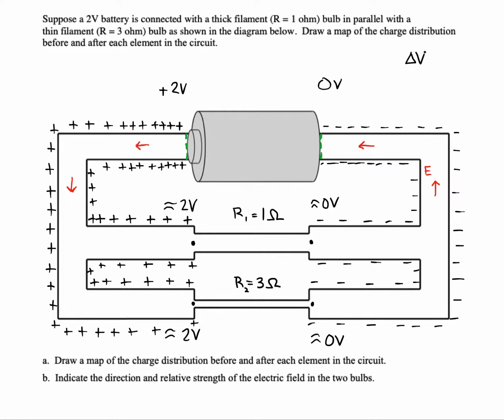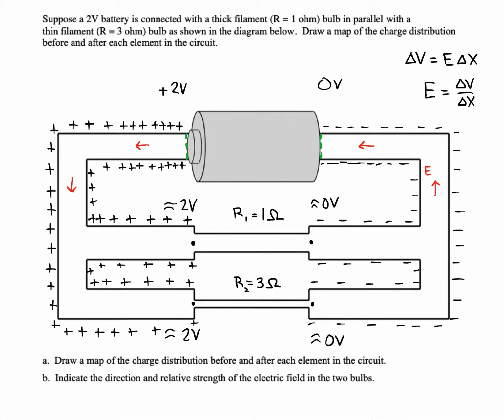One of its expressions looked like this. Delta V equals E delta X. But if we rearrange that, we see that the field is the potential difference divided by the distance.